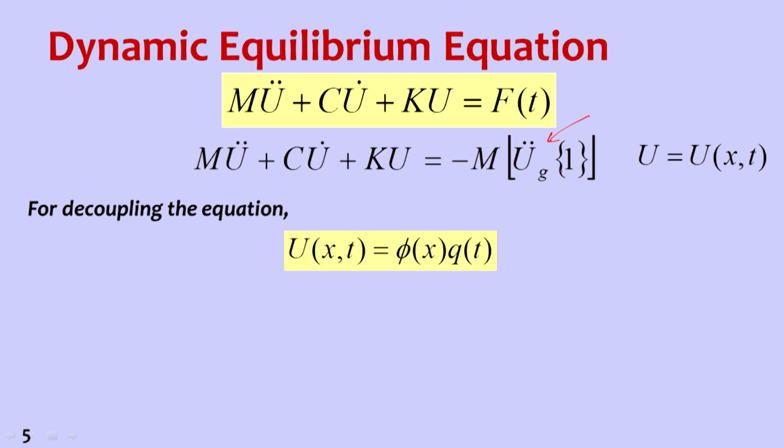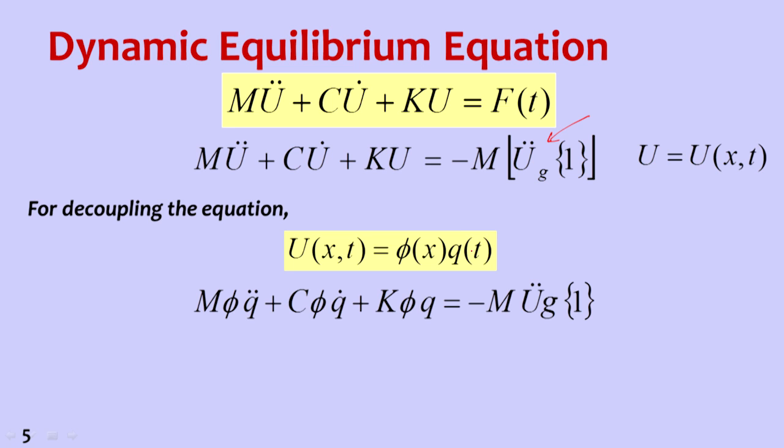For decoupling this equation we use u is equal to phi q. Phi is a space quantity which we call the mode shape, and q is a time quantity. If we substitute this in the above equation, we get m phi q double dot plus c phi q dot plus k phi q is equal to minus m ug double dot.